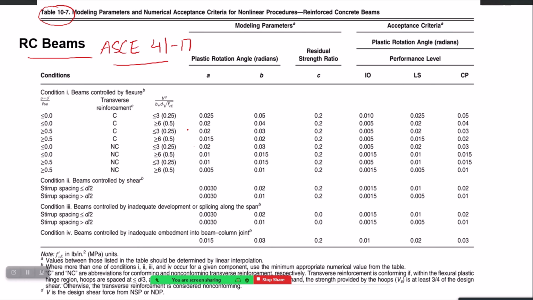Now you can see here that based on your conditions, all of these things here, ultimately you can select a particular row which is applicable to your reinforced concrete beam, and then for one particular row you can pick 6 numbers: A, B and C, and then the plastic rotation angle corresponding to IO, LS and CP.